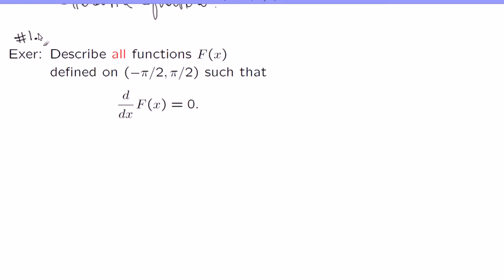Describe all functions f of x defined on negative pi over 2 to pi over 2 such that its derivative is 0. It's probably going to take 10 or 15 seconds. Very simple exercise. Go and write that down. Be serious.